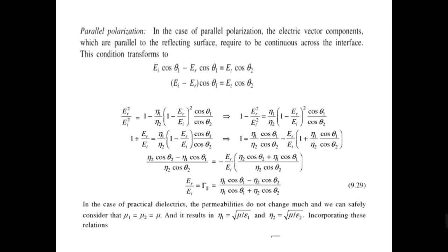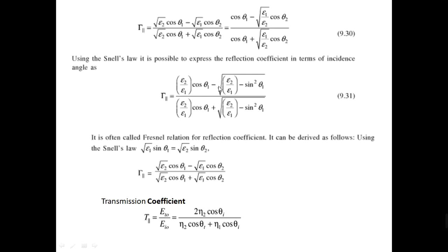So now you substitute these values in this expression, and you get the reflection coefficient for parallel polarization. The final answer you are going to get like this. By using Snell's law, root of epsilon 1 sin theta 1 is equal to root of epsilon 2 sin theta 2. After considering Snell's law, you finally get the expression like this.